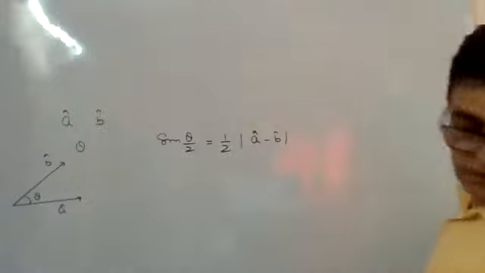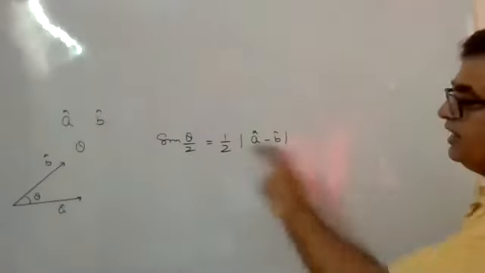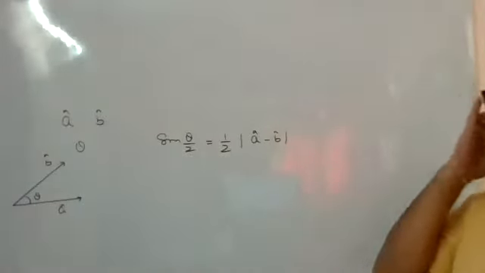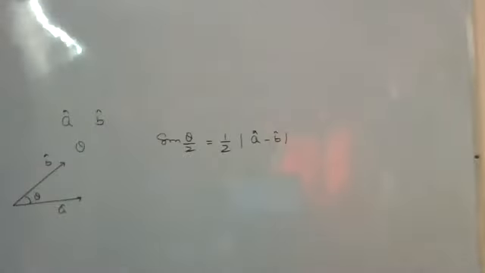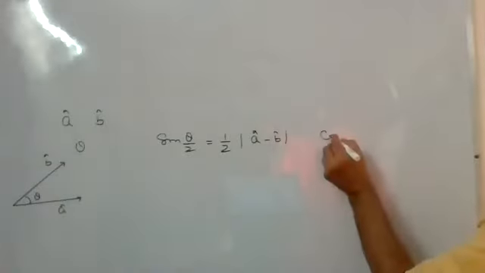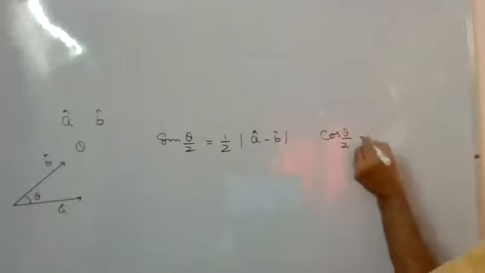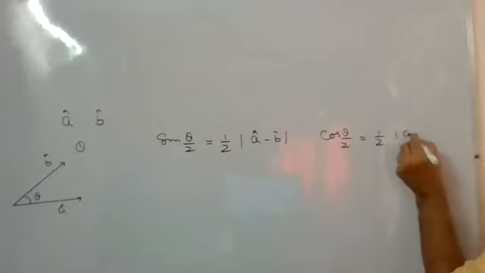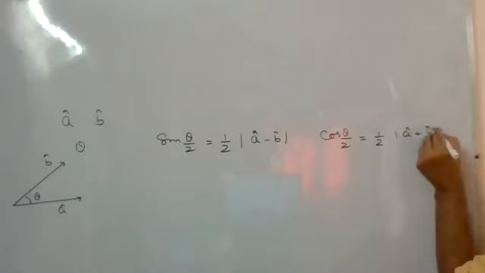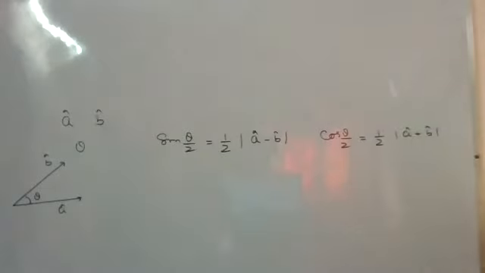This is the magnitude. This we have to prove. Similarly, one more result to prove, that is cos theta by 2 will be half magnitude of A cap plus B cap. This is the question we have.